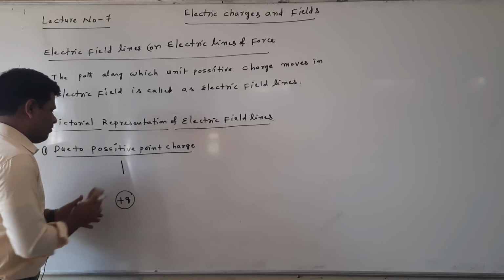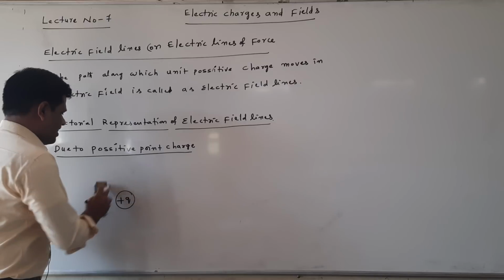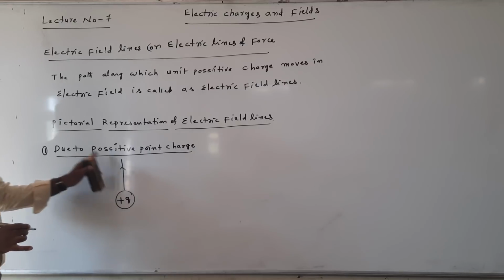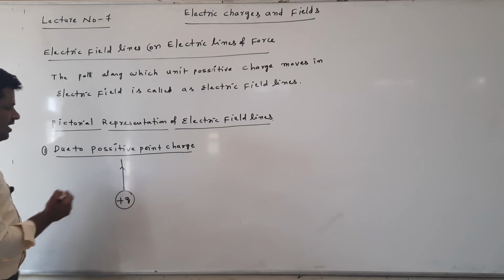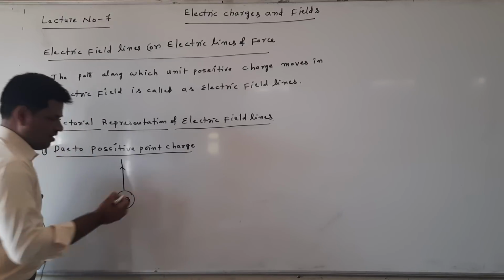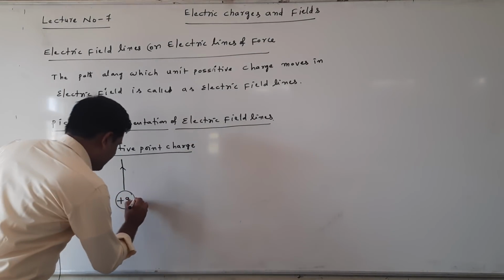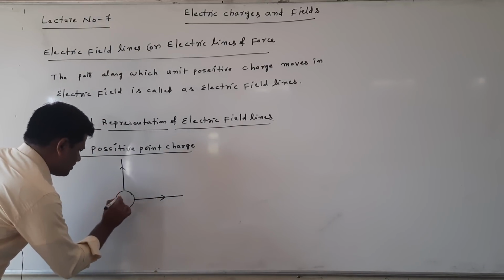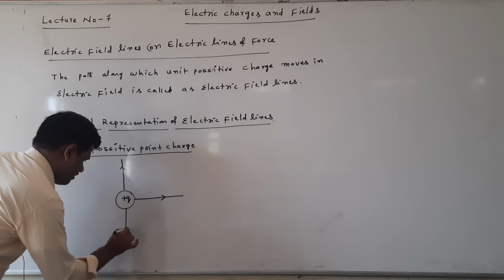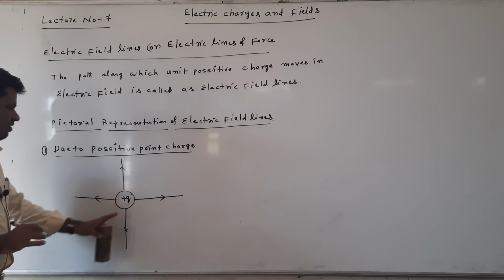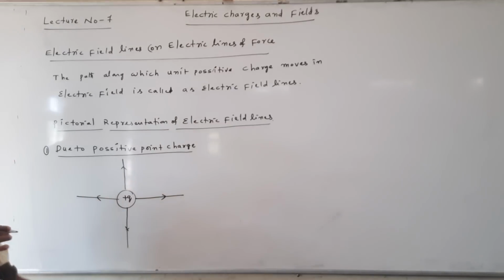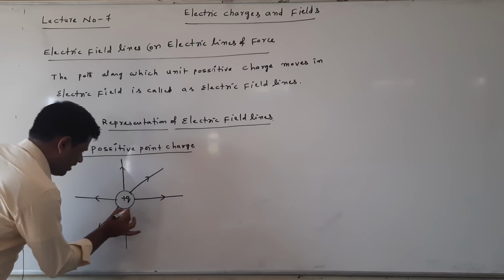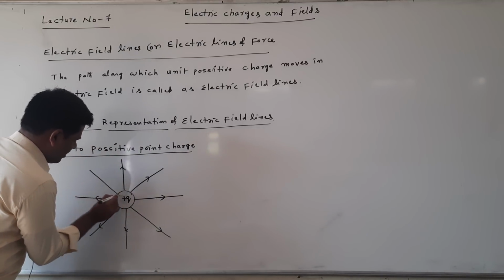Why away from the charge? Suppose we place the test charge; that test charge repels with this plus charge, due to the positive point charge. That's the reason they repel each other. Repel each other means the force is away from the charges. That's the reason we draw the electric field lines away from the plus Q charge. Because suppose a unit positive test charge is placed here, it repels.